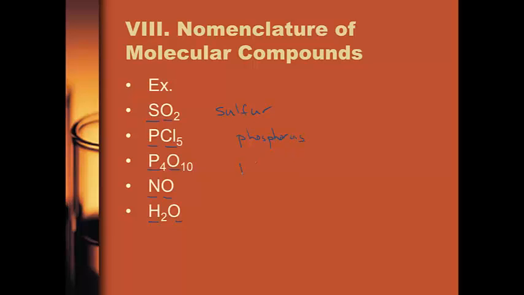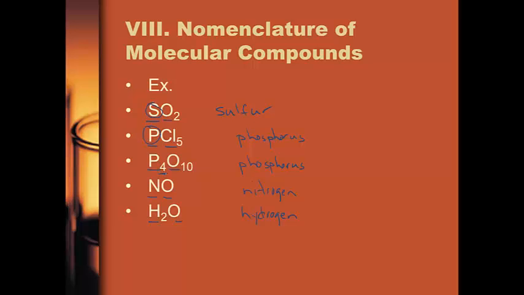Next one is phosphorus again. Next one is nitrogen. Next one is hydrogen. We don't change the names of the first elements ever. Now, if you have more than one of them, you need to use a prefix. Only one, so no prefix. Only one, only one.